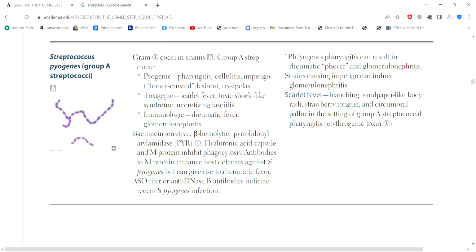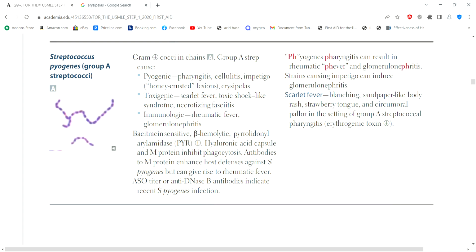Antibodies to M protein enhance host defenses against Streptococcus pyogenes, but can give rise to rheumatic fever.